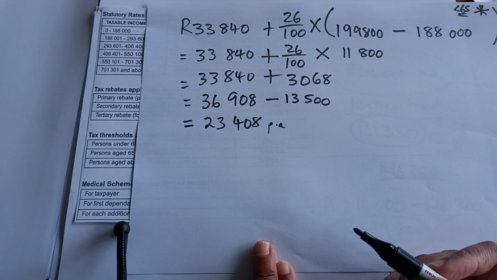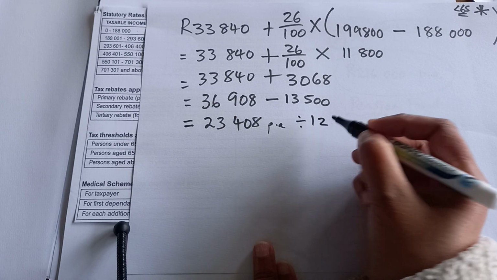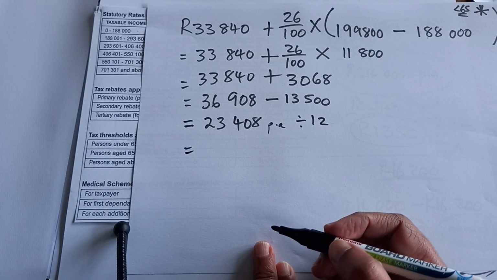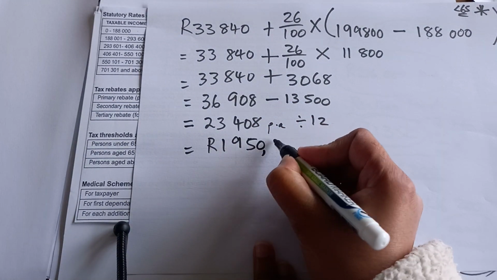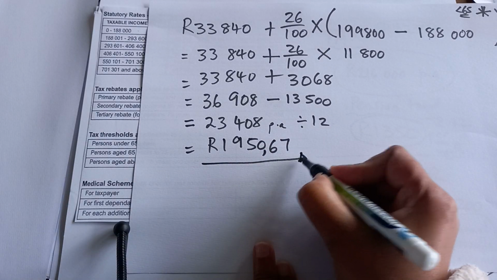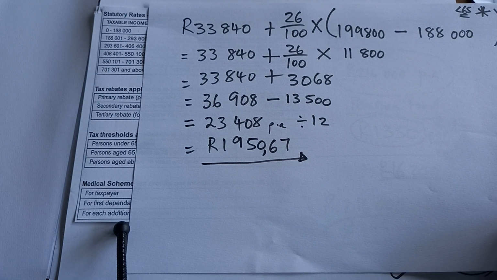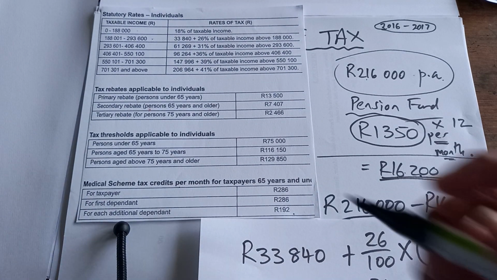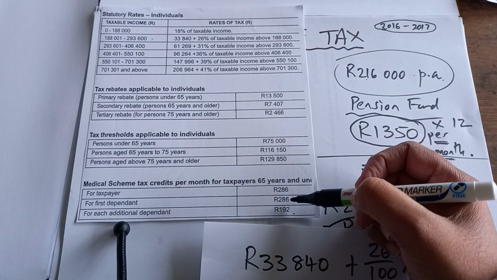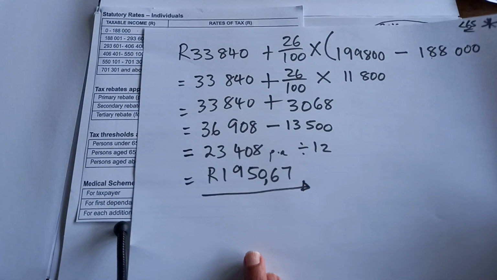If your exam question says calculate his monthly income tax, divide this answer by 12. And we're left with 1,950 rands, 67 cents. Okay, so I'm not done yet. If the question says he has a medical aid, so it's, let's say, himself, his wife, and one child, I'm now going to deduct the medical tax credit.